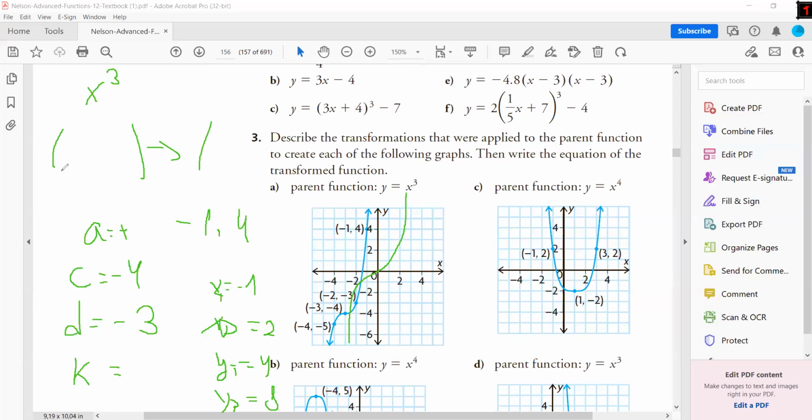And here for the parent function, we have points: x plus 3, it's 2, and y would be 4 plus 4, which is 8. So (2, 8), and on the opposite side, (-1, 4).